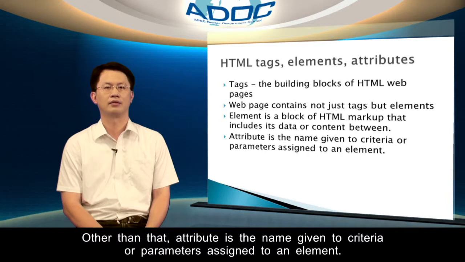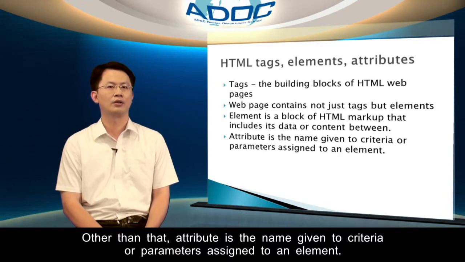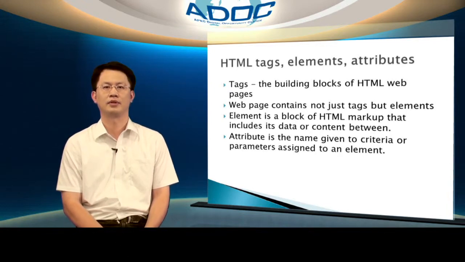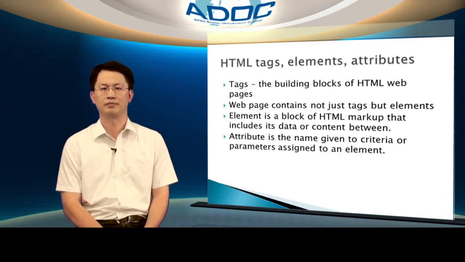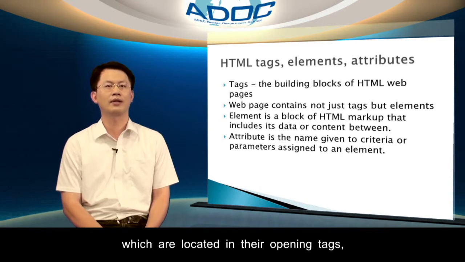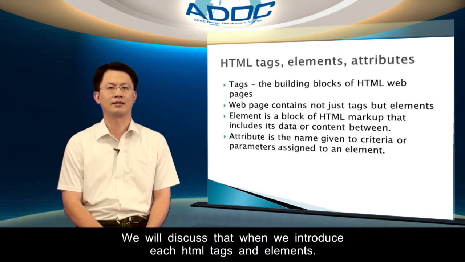Other than that, attributes is the name given to criteria or parameters assigned to an element. These are options, and some elements can contain one or more attributes, which are located in their opening tags and affect the styling of the elements, and we will discuss that when we introduce each HTML tag and document.